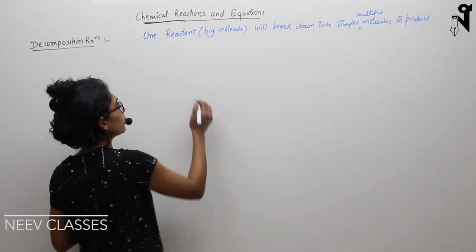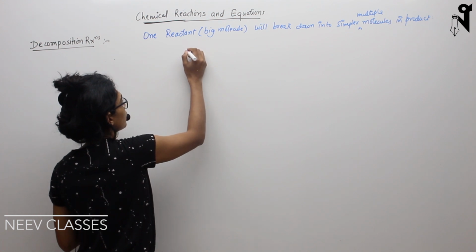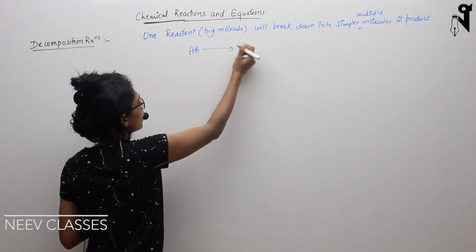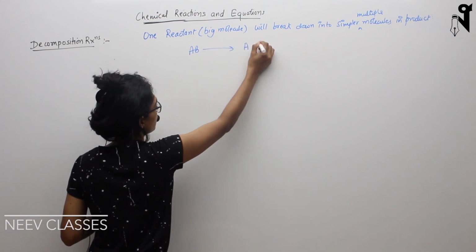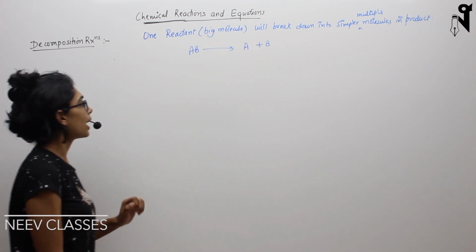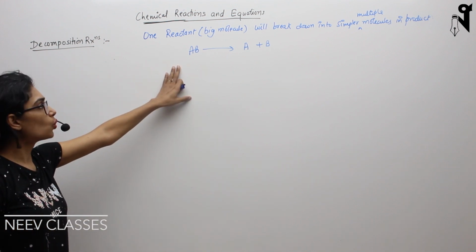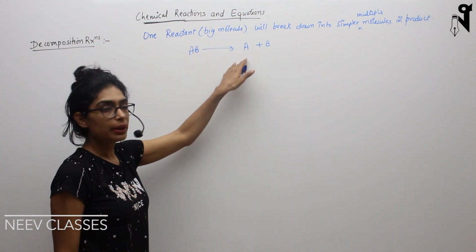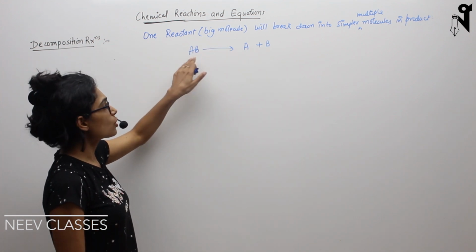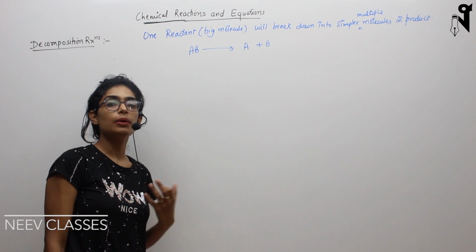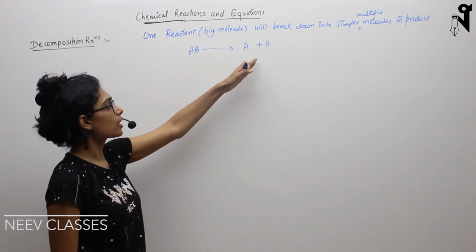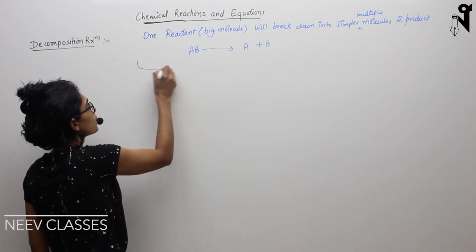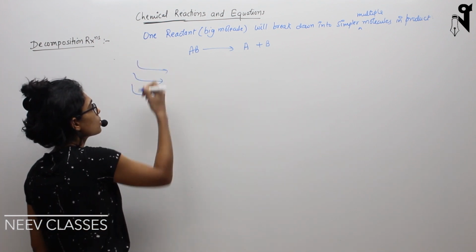Correct? For example, if I have, let's say, AB, this is one big molecule, and then it is breaking down into A plus B. Definitely this doesn't seem like a real reaction, but I've just told you for reference. AB was a big molecule, it broke down into A and B. Now what causes this reaction to happen? There can be multiple things which can lead this reaction towards the product side. And what are those conditions?